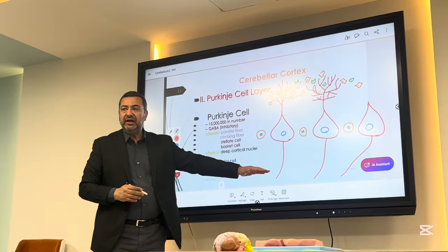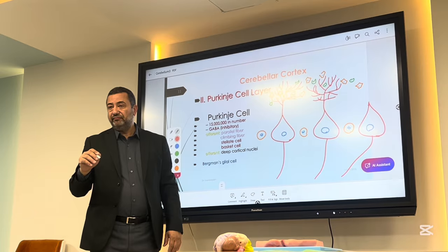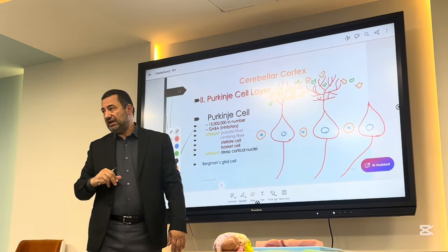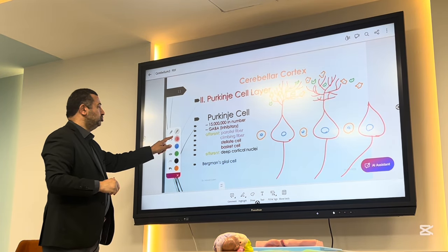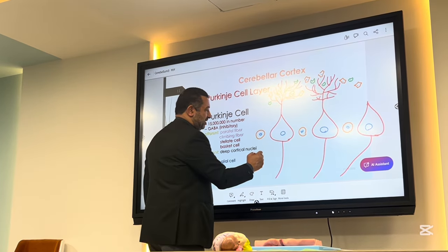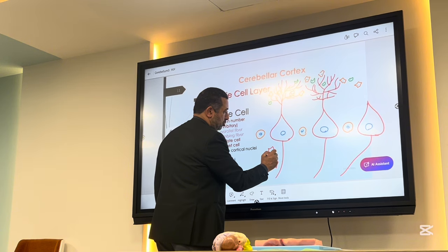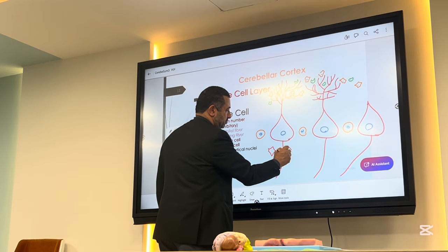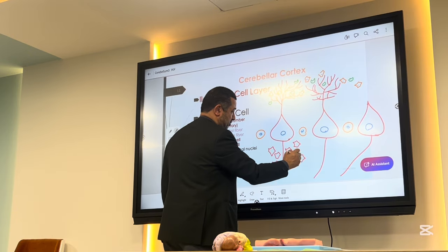In the deeper layer, called the granular layer, there are two types of cells. Golgi cells are very large cells.